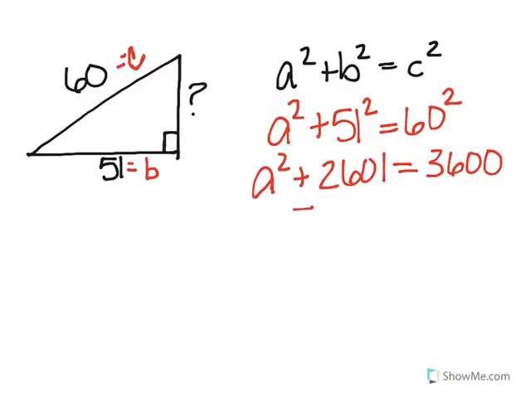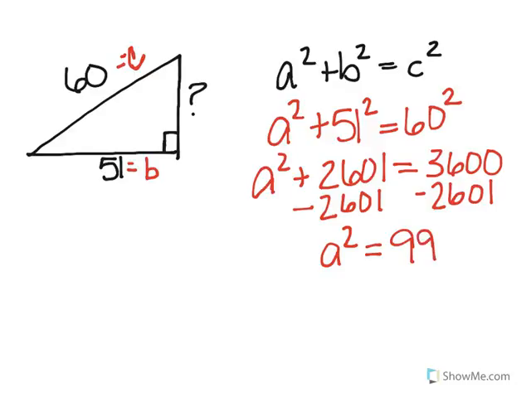We're going to subtract 2,601 from both sides so that we get A squared all by itself, and we take 3,600 minus 2,601 and we get 999, and then we take the square root of both sides, and the square root of 999 is about 31.6. So then the leg of this triangle is 31.6.